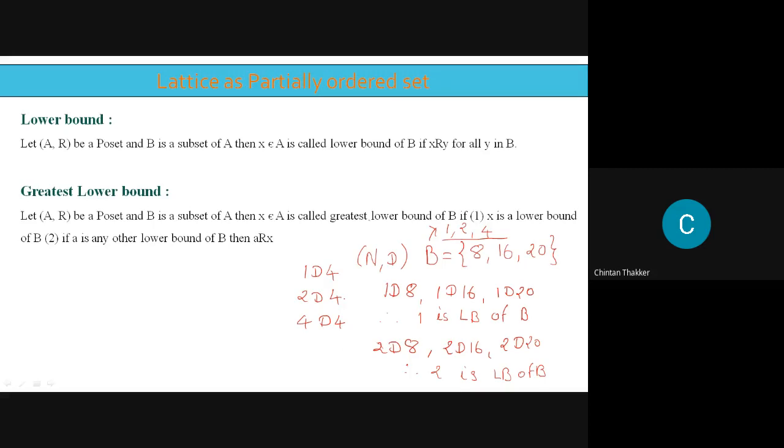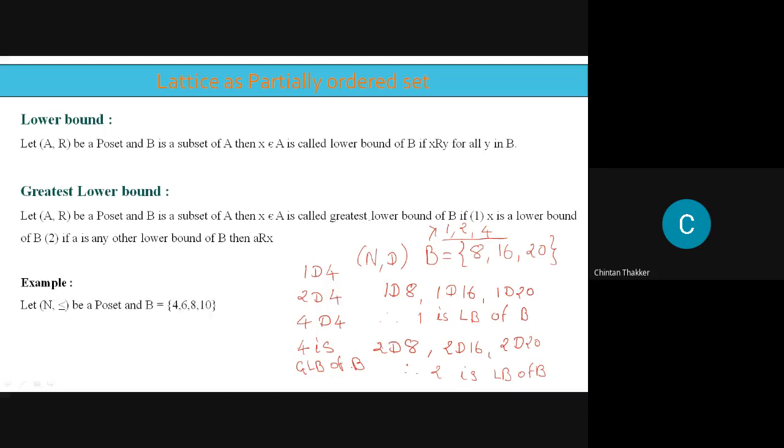So 1 is related to 4, 2 is related to 4 and 4 itself is related to 4. So here for this set we have 4 is the GLB of B. Okay, greatest lower bound of B. Now we take one more example.